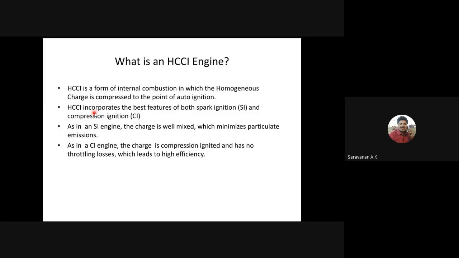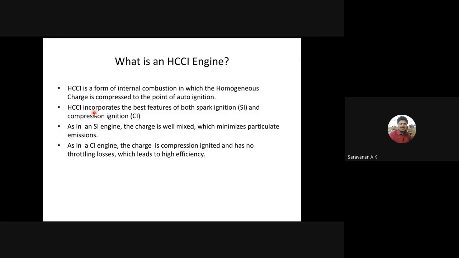So what is HCCI? HCCI means homogeneous charge compression ignition. So homogeneous charge compression ignition engines are called the HCCI engines. That's the full form of HCCI.